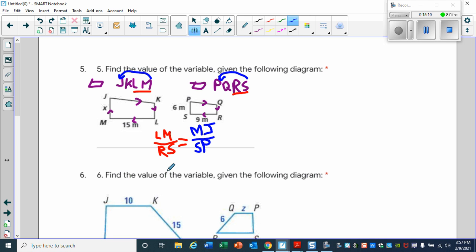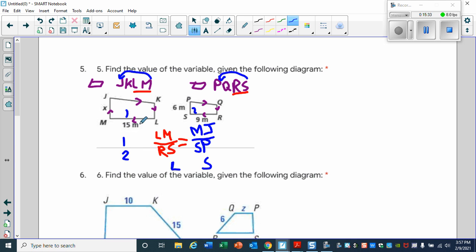In this case, we set it up as left polygon, right polygon, longer, shorter side. You could have done it that way.